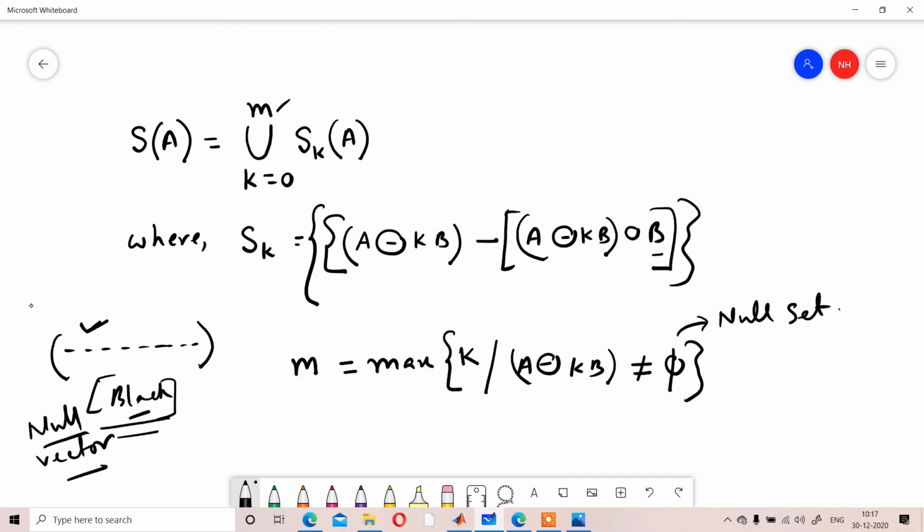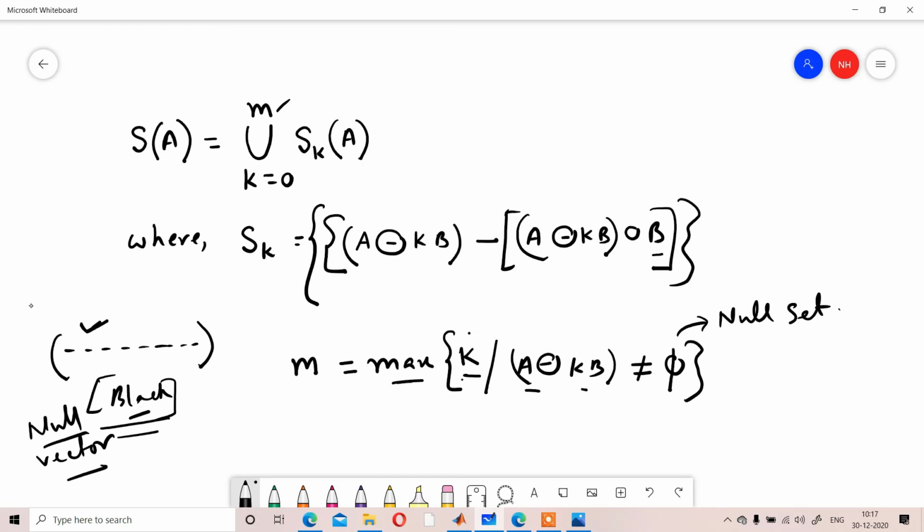Means we will consider the value of K up to the maximum range at which A erosion Kb will not give the null vector. Suppose for K equal to 5, A erosion 5b is not a null vector.